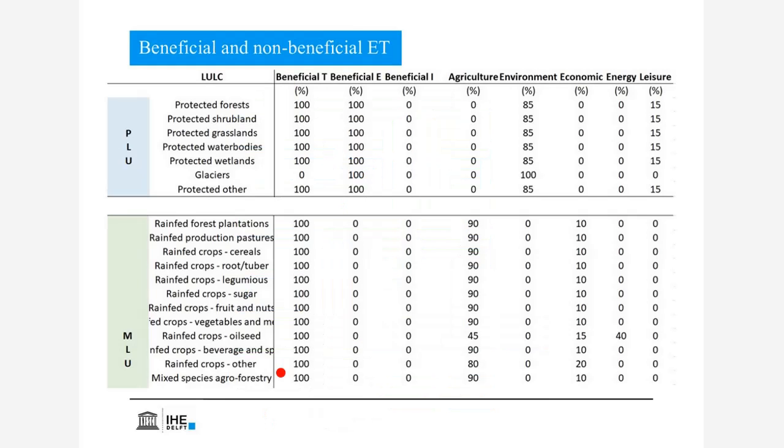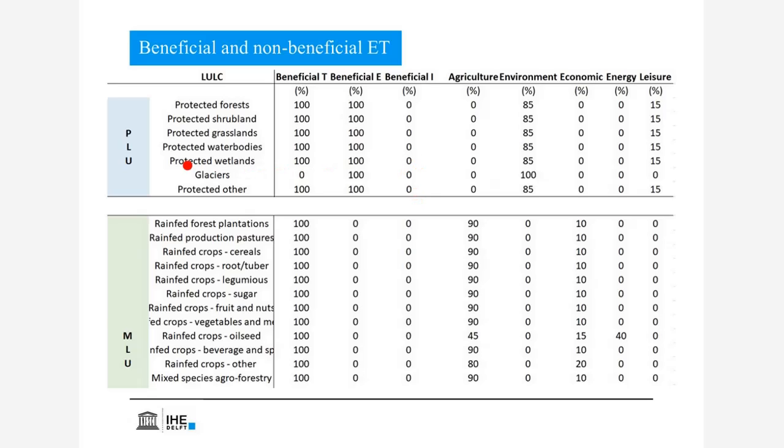And these are some of the tables we were discussing before. So for instance, for a protected wetland, 100% of the transpiration is beneficial, 100% of the evaporation is beneficial, and 0% of the interception.